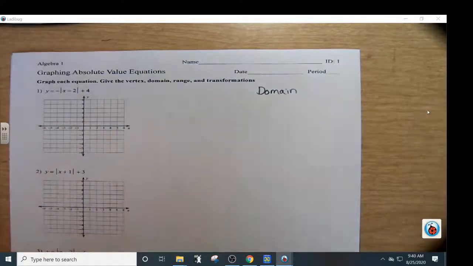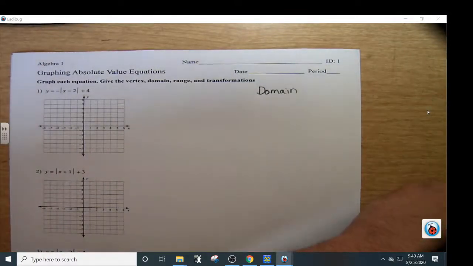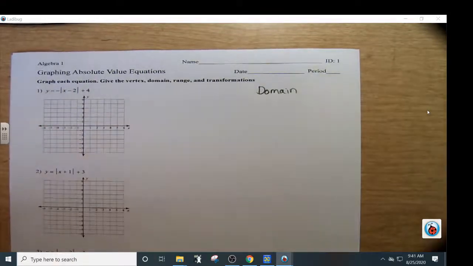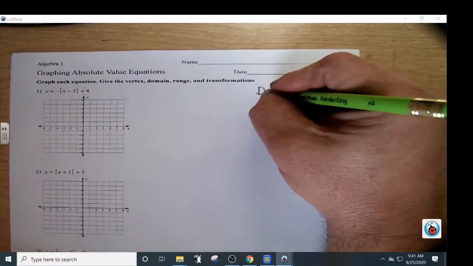Guys, in math, when you hear the word domain, what does it make you think of? Think about all the math things you've taken. If I say, what's the domain of a function, what is it saying in a nutshell? Anybody have any idea?